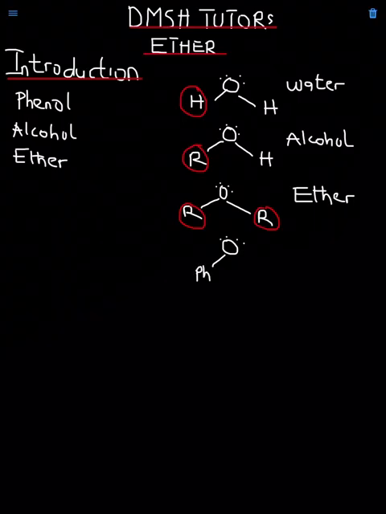When benzene is attached to a compound or to an atom, it is called phenyl. I'm using Ph to represent phenyl, and the other is hydrogen. Therefore, this compound gives what they call the phenol functional group. Phenol is a functional group itself.